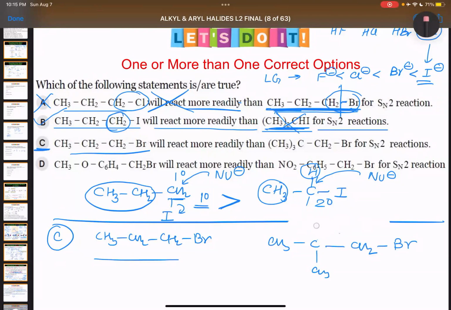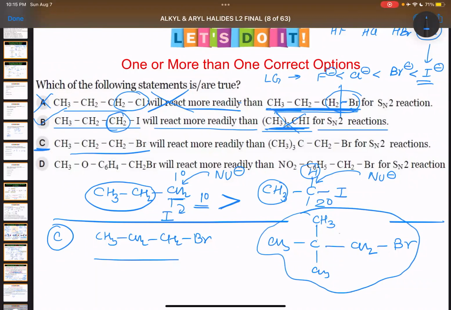Now I will tell you why it is very famous. Neopentyl, because there are overall 5 carbon atoms. Which one is going to be faster? First one, yeah. And there is a very famous question in all the books, even in NCERT.